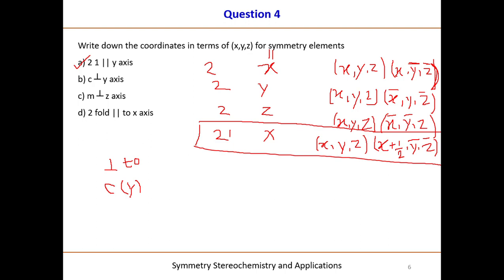So if perpendicular to y-axis, C point coordinate is there, that means in terms of x, y, z coordinate, we will write here x, y, z, and x, y bar, and z. This will be the answer for the second one.